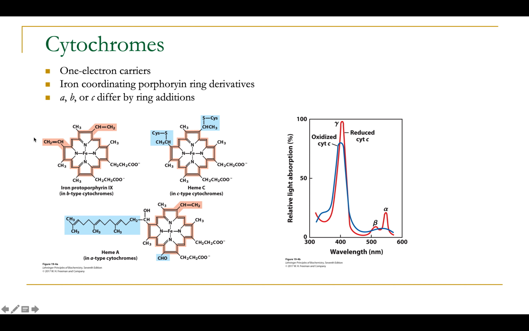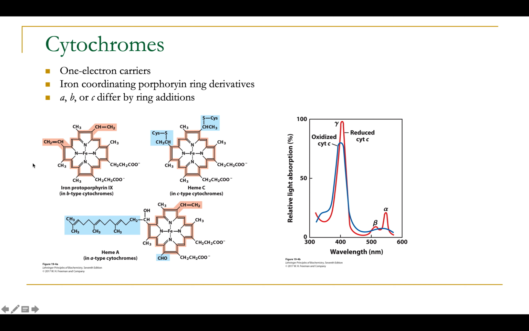The A and B types contain the heme, the prosthetic group, embedded non-covalently in the context of respective carrier proteins and are often modified with large organic extensions, for example, an isoprenoid chain as in the case of A-type cytochromes.